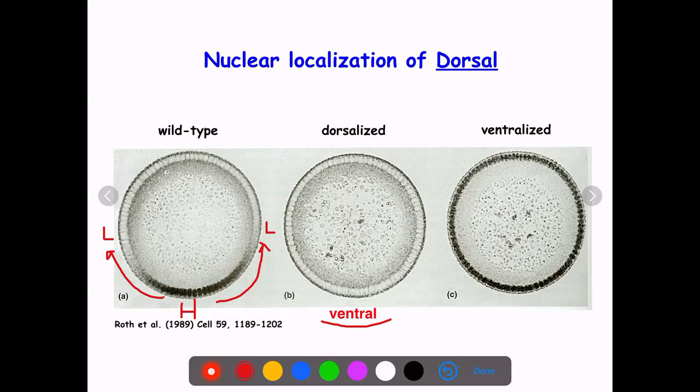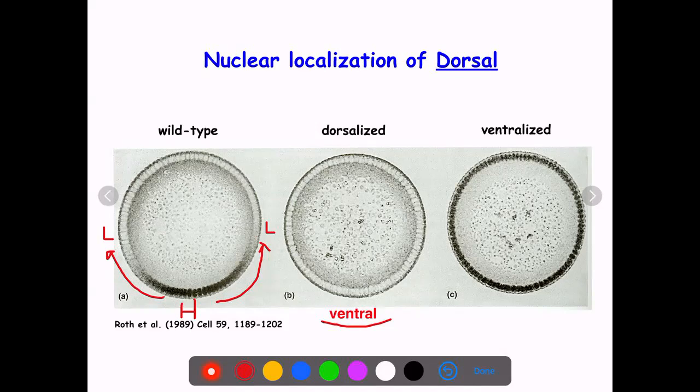But what will happen is that they all have dorsal protein, but in the cells on the ventral side, the dorsal protein somehow escapes degradation. That's why they will stay and form this kind of gradient.